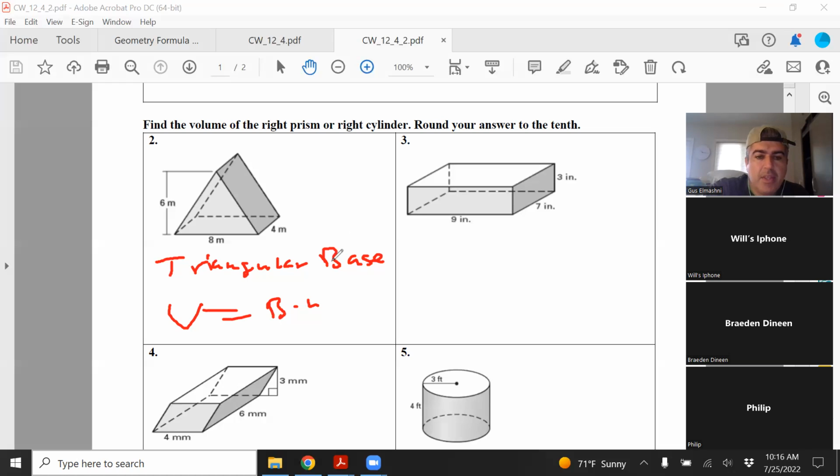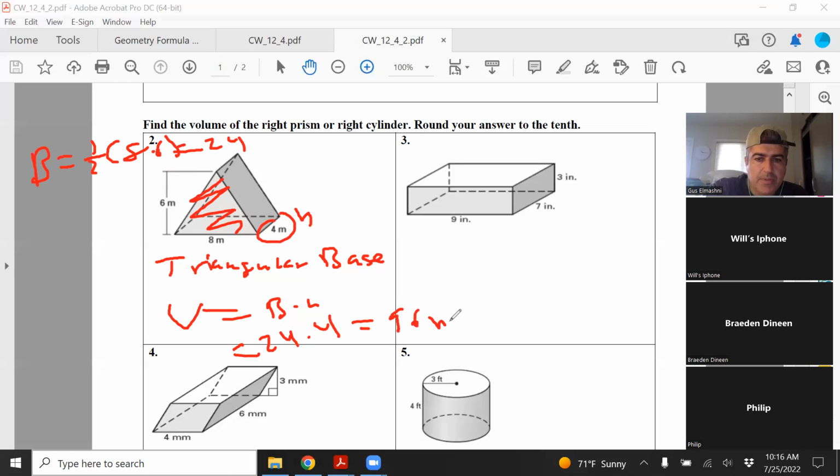So the base is a triangle, and you're doing 8 times 6 times 1/2, which is 24. And the height's going to be this guy right here. You should get 96 square meters. So that's number 2.